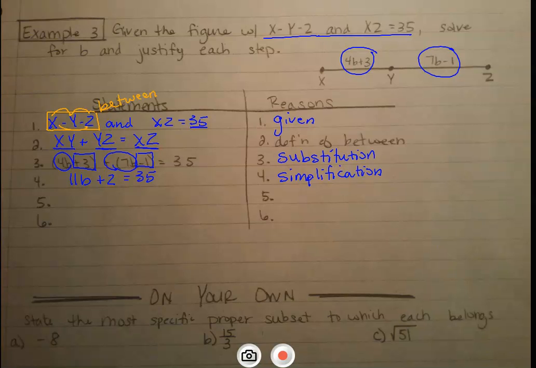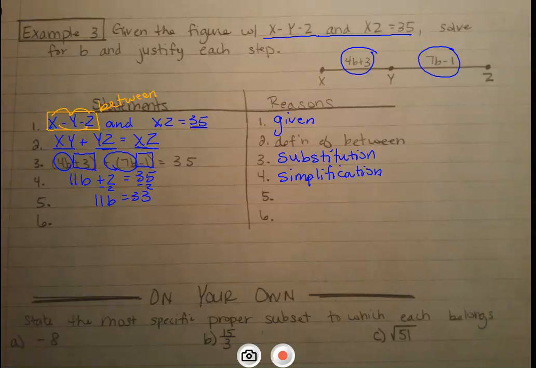Woohoo! Okay. Next up, if we subtract 2, this one's going to be a little different. We would end up with 11b equals 33. So what property? Instead of breaking this down into 2 steps, we did subtraction. But remember, subtraction is the same thing as the additive inverse.